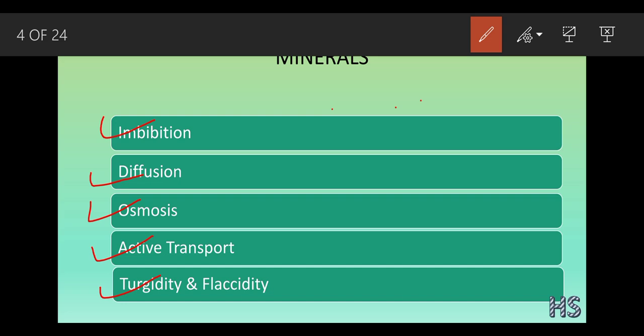Diffusion, osmosis and active transport you have already covered in your lower standard, in the 8th standard. But still we are going to discuss them in detail by performing some experiments so that it becomes very easy to understand.